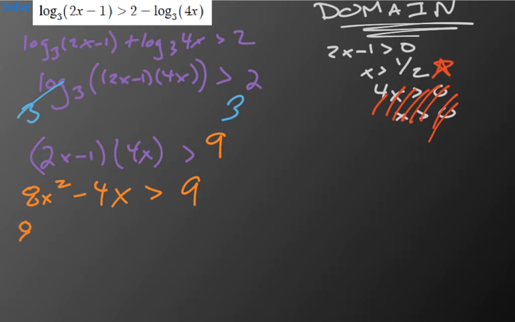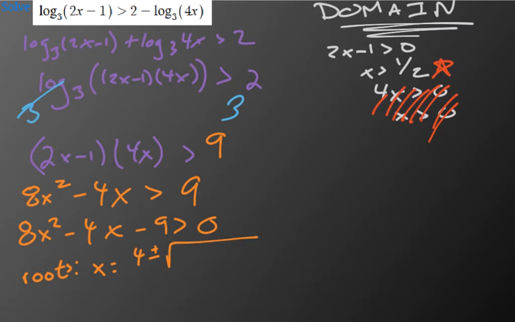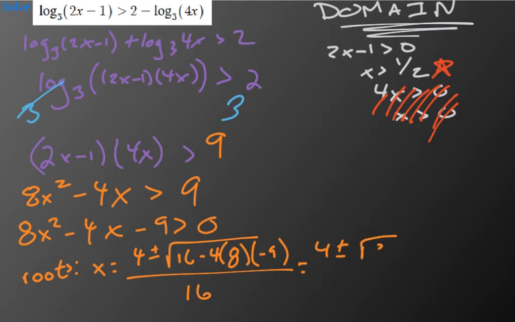And now, sadly, we can't divide everything. We just have to deal with those numbers. So I would probably just jump right to the quadratic formula. If you do out the roots, you'll get x is 4 plus or minus square root of 16 minus 4 times 8 times negative 9, all over 16, which simplifies to 4 plus or minus root 304 over 16.